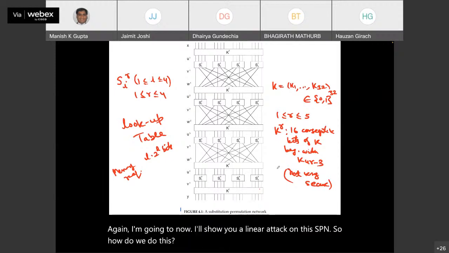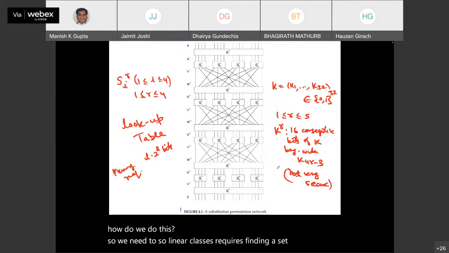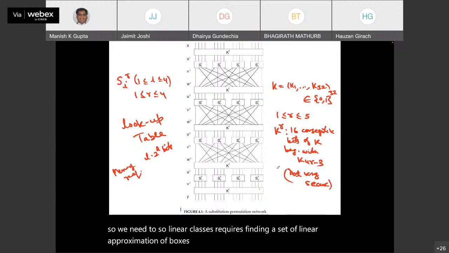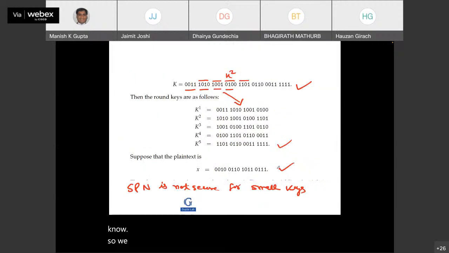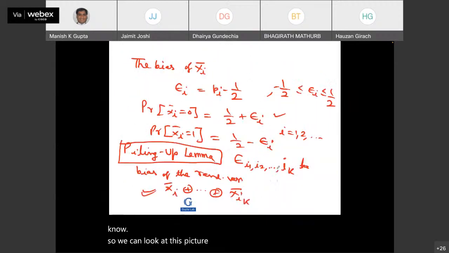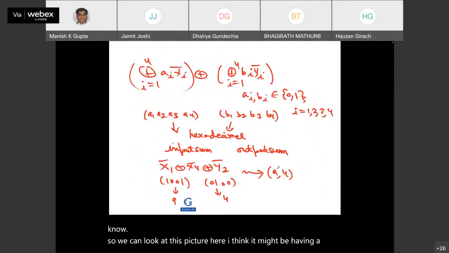Linear cryptanalysis requires finding a set of linear approximations of S-boxes that can be used to derive a linear approximation of the entire SPN, except the last round. We can look at this picture here. I think I might have a picture of the linear approximation here.